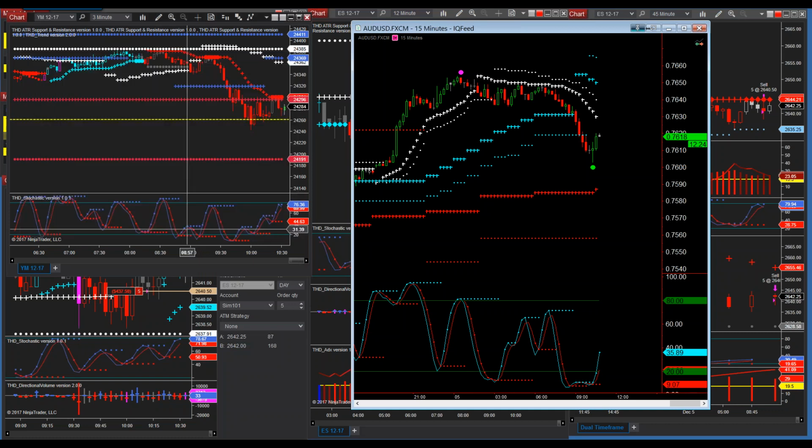I'll put that in yellow to distinguish it from the other reds on the chart. Now we should be going lower on this because this is hidden divergence. So it should actually go lower.